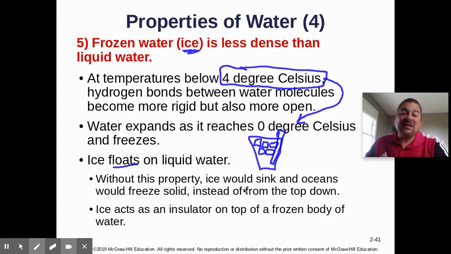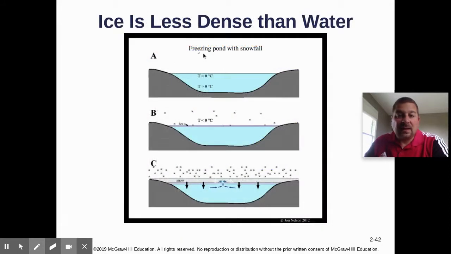This is important in nature too, because without this, if we take a look at a pond or a body of water, for example, like this, where a pond is freezing and it starts to snow. The air temperature up here is 0 degrees Celsius, cold, cold, cold. And it begins to snow, and there's really cold air up here.